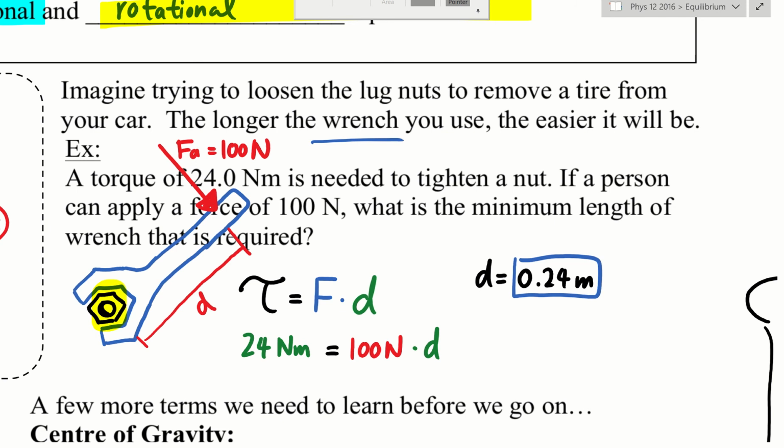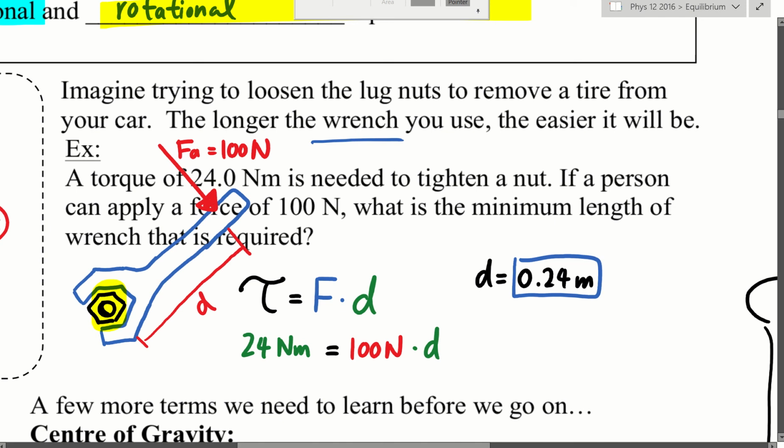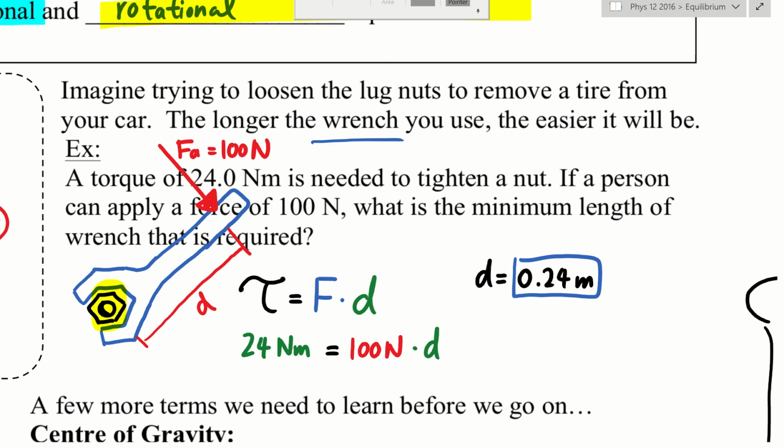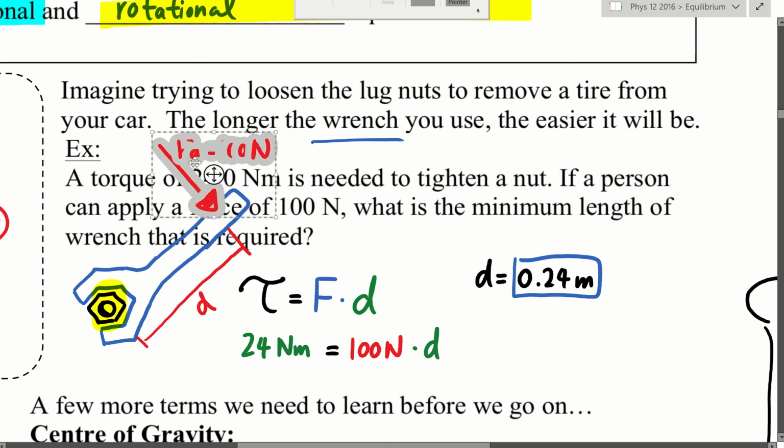Your wrench could be a lot longer, and then you just hold on to the 24 centimeter location and turn it, and the nut will loosen up. But of course, you can hold further. It will even be easier if you're willing to hold the force a little bit further. Then you won't even need 100 Newton. You just need like 80 Newton, 70 Newton. The further you can actually move your force from the pivot point, the easier your job will be.